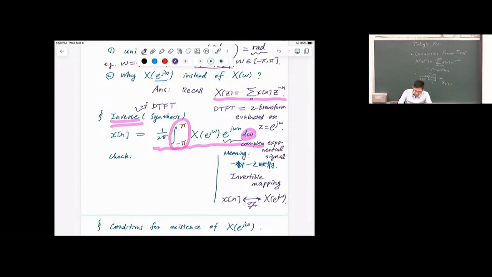To check that this is the correct relation, we take the integral from minus pi to pi. What is the spectrum? How about we plug in the definition, because here we need to plug in the spectrum. The spectrum is equal to the summation over an index m, a dummy variable, of x[m] e to the minus j omega m.